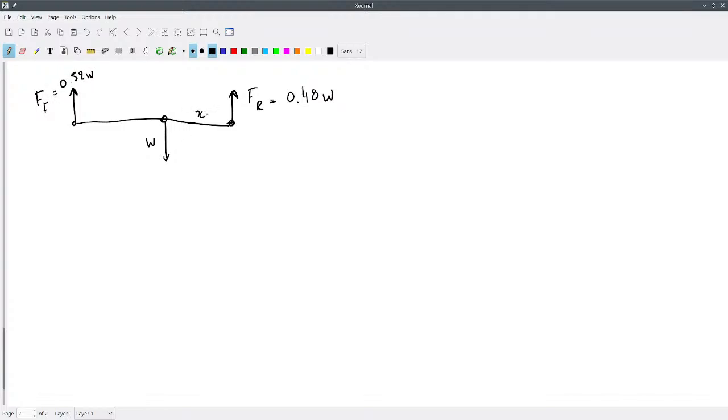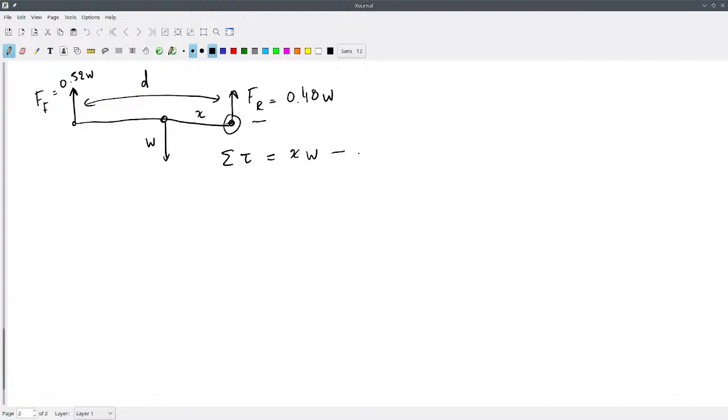And this is a distance x, and the total distance is d. If we pick this as our pivot point, then the sum of the torques will be, well, there's no torque from the force on the rear tires. There's x times the weight in the positive direction due to the weight at the center of mass.